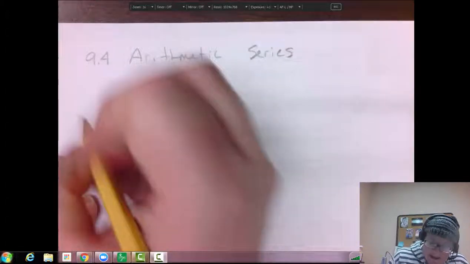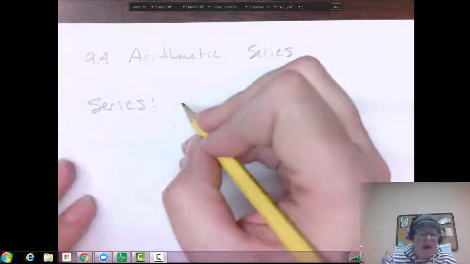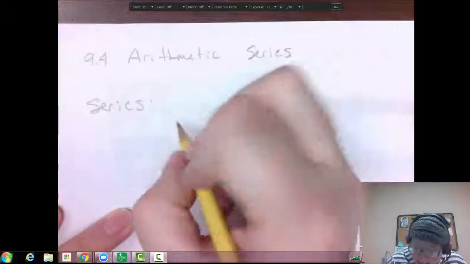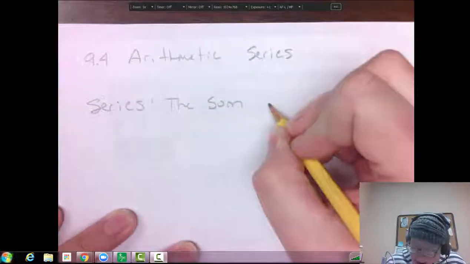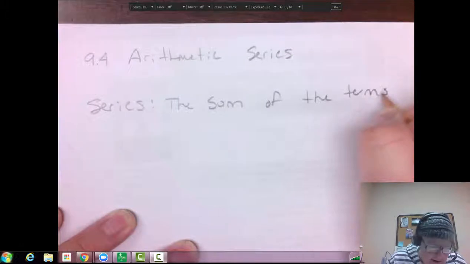A series is the sum of all those terms in a sequence. So it's the sum, remember sum means adding them up, of the terms of a sequence.